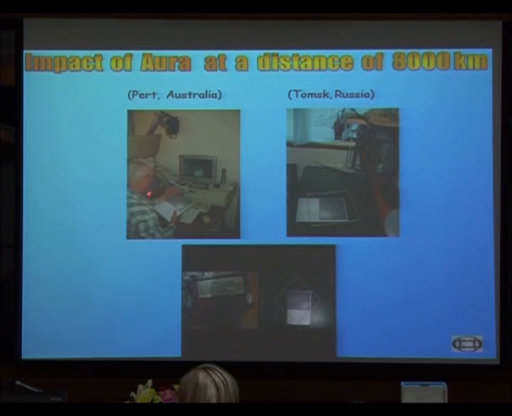Here is a sensitive. In Australia, in Perth, here is a wooden frame, suspended, and we make a picture of the frame, and here is the picture of the frame which we received using a computer.